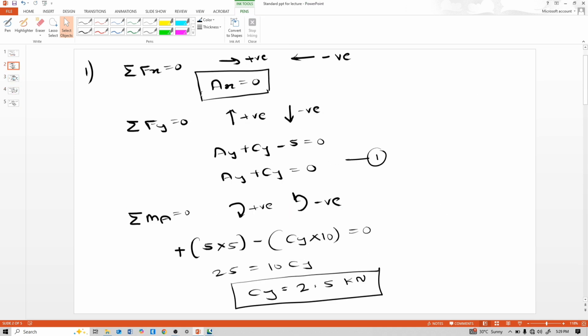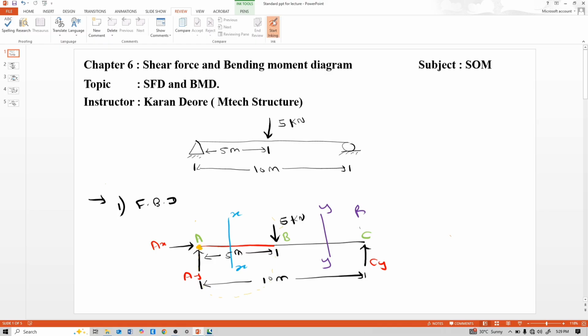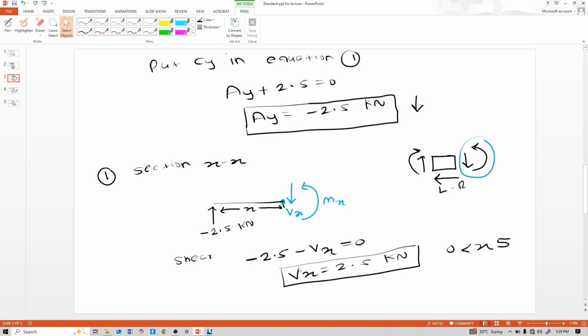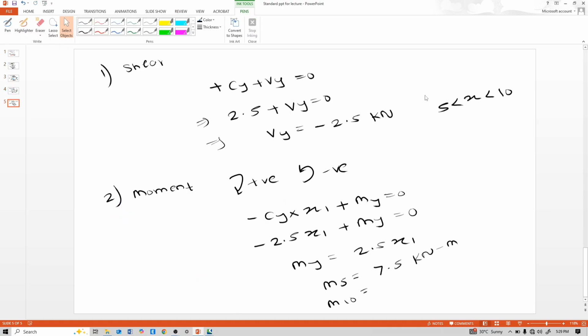Don't go like this. See here, x, this is not 5 to 10, this is 0 to 5, and this is from right, 0 to 5 from right to left.